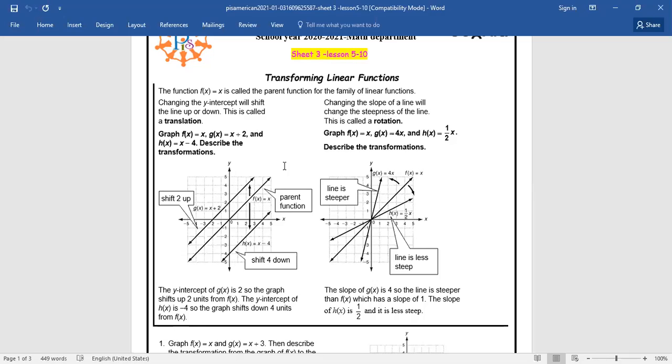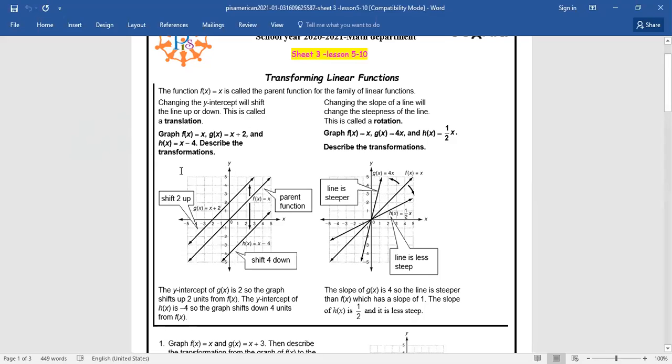In the first example, the first graph is f of x equals x, second g of x equals x plus 2, and h of x equals x minus 4. Describe the transformation.